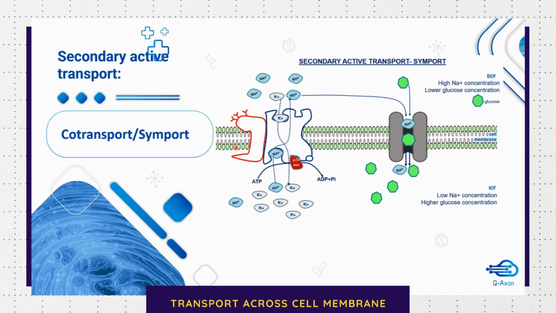Well, you see, to maintain the gradient of sodium, this sodium potassium ATPase is continuously working. So basically secondary active transport is indirectly using the energy. Actual energy is being utilized here for the creation of the gradient for sodium, right? So secondary active transport uses the energy indirectly, while actual energy is being used by primary active transport for maintaining the gradient of sodium, right? So this is secondary active transport. An example is the sodium glucose transporter.